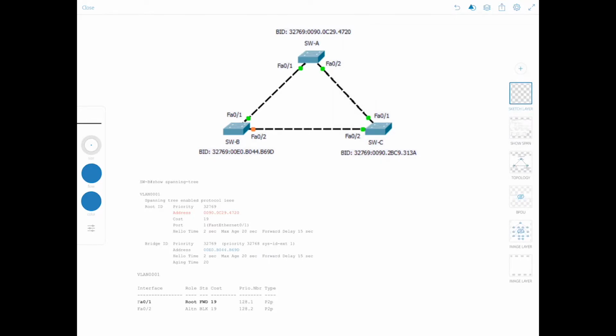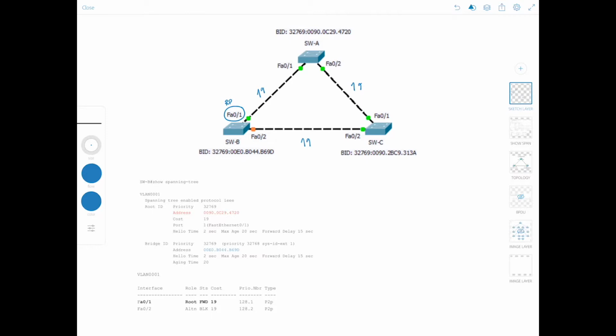Okay, so we're back to the original setting, and the costs are 19 on all these interfaces. So FA0/1 is the root port again, right here. Root port.